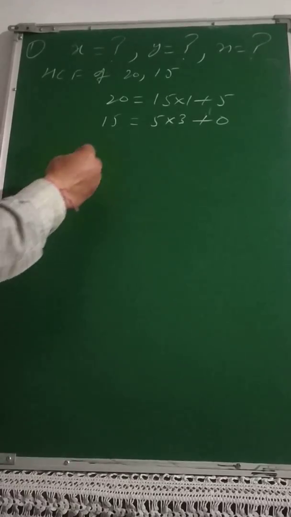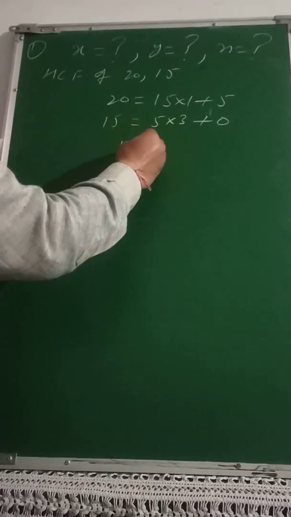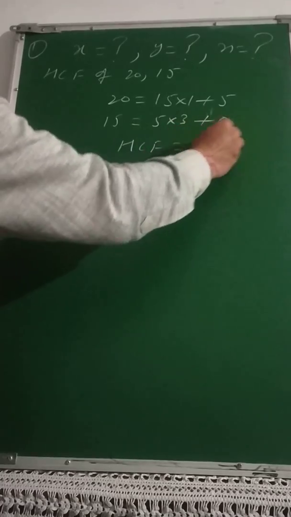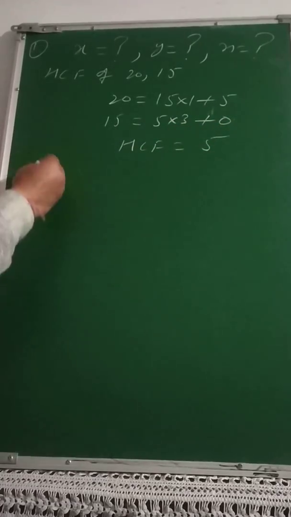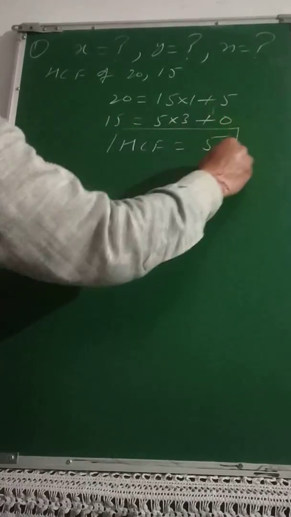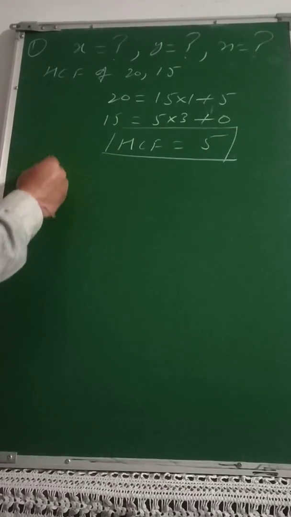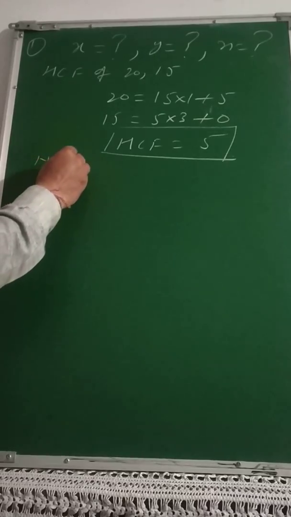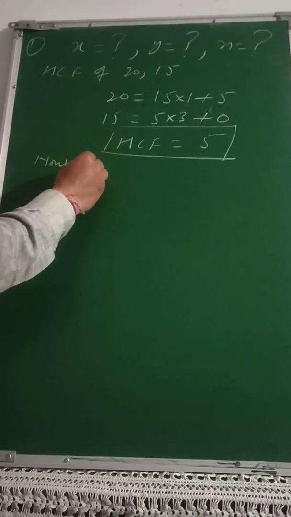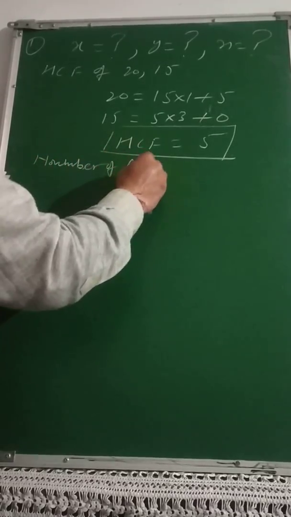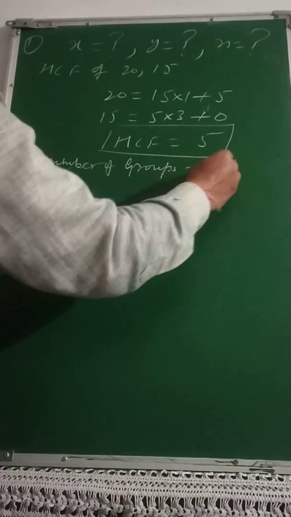So your HCF will be equal to 5. So that is the HCF of these two, 20 and 15, which will give you the number of groups. So total number of groups here will be 5.